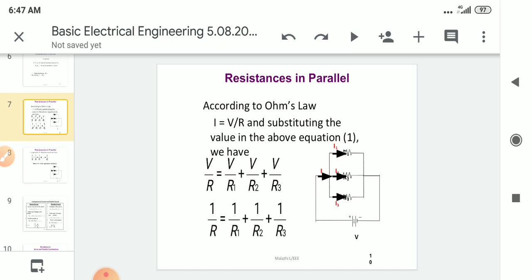The potential difference across every resistor is the same, but the current is divided into different resistors. In series, the current is the same. Only a single current is flowing in the circuit. In parallel, the voltage is the same.